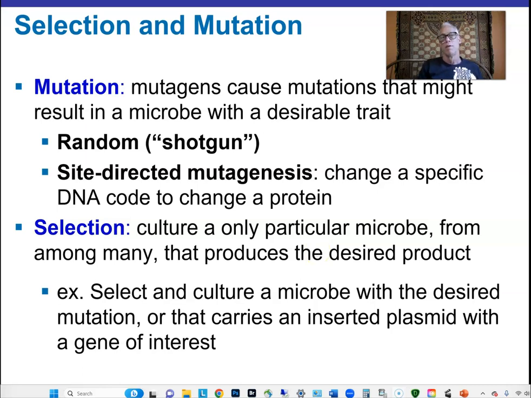So we'll culture the bacteria that we've just introduced the plasmid back into with ampicillin in the medium, which will kill or prevent the growth of all the bacteria that didn't receive our plasmid of interest, but the ones that have the plasmid have an antidote, a marker for ampicillin resistance, and therefore they can grow. So wherever we see a colony, we know that our plasmid is present in those bacteria. That's called selection.